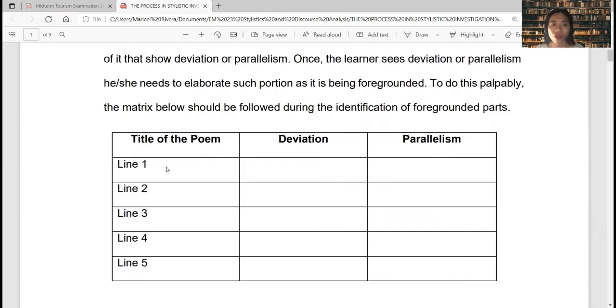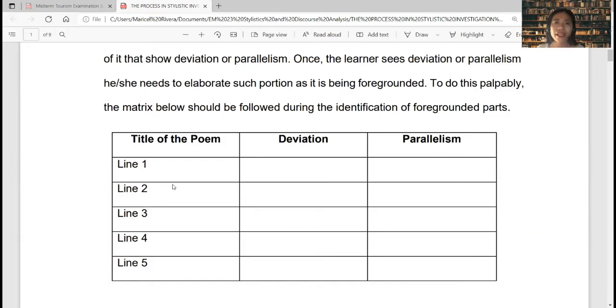So line 1, you have to write here in this portion what can be found in line 1, or what the words are, and you write here also line 2, line 3, and until line 5, because your poem is composed of 5 lines only. So in this case, you just have to copy what you can find in the poem that you're investigating.